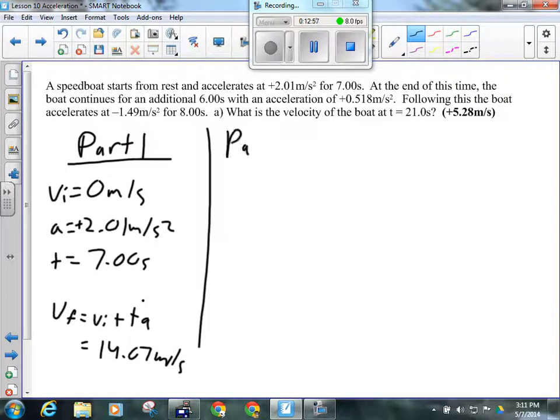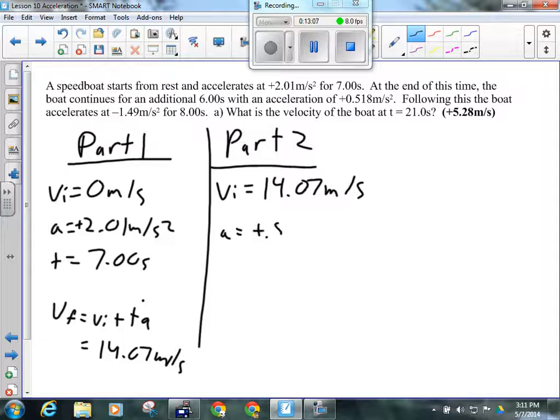All right, so for part 2, I can now write down the givens for part 2. VI is 14.07 meters per second. All right, the acceleration is positive 0.518 meters per second squared, for an additional 6 seconds.